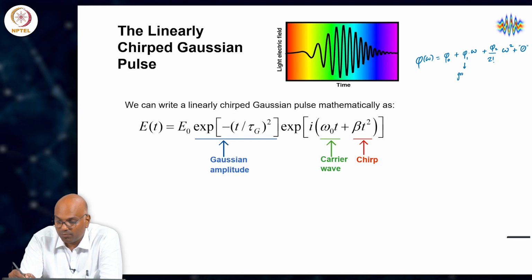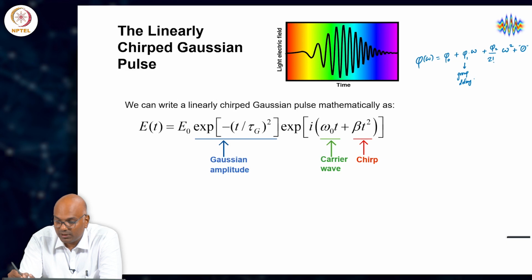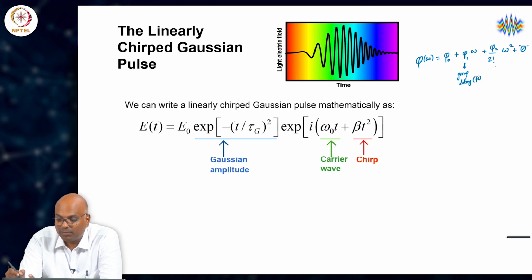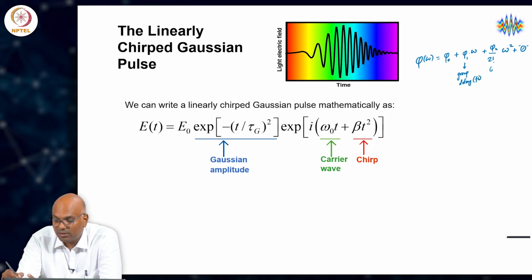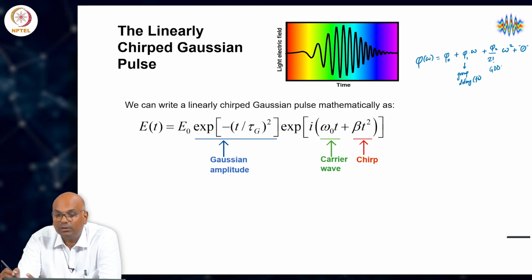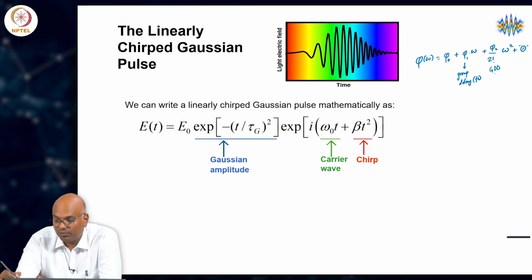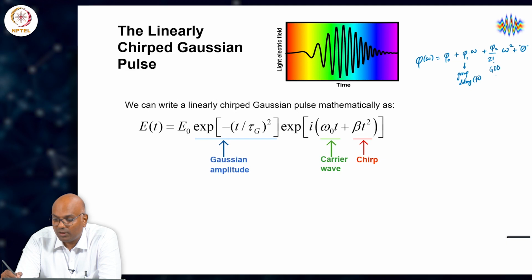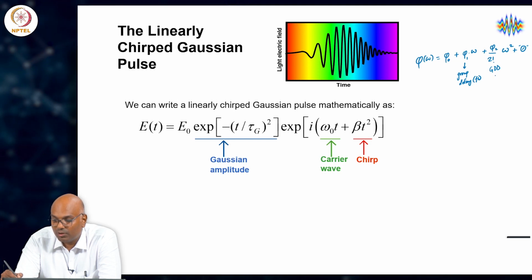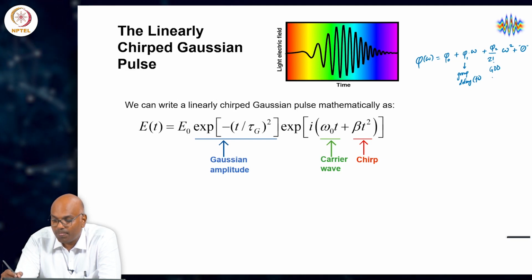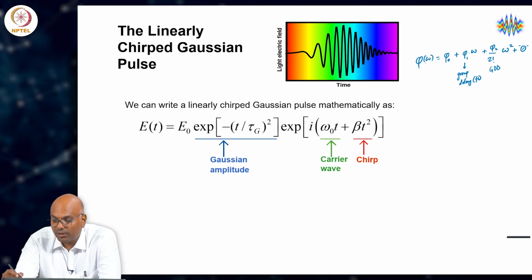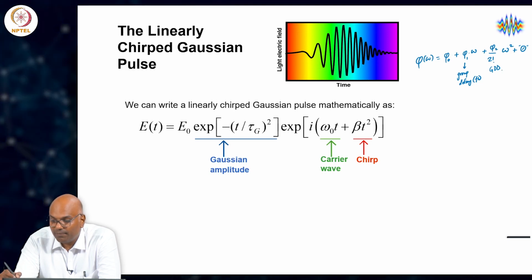This is group delay, which has units of second or femtosecond, whereas this is group delay dispersion, the dispersion of group delay, which has units of, okay, the radians go away.